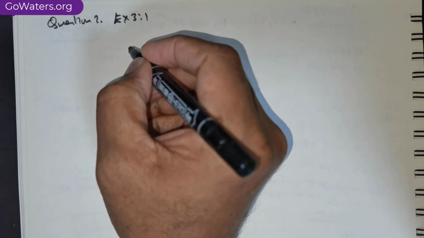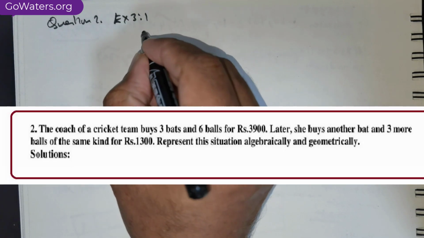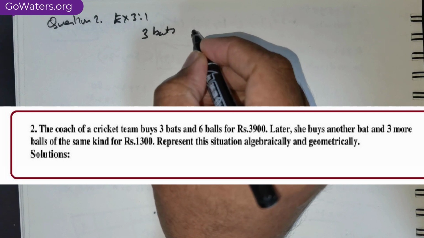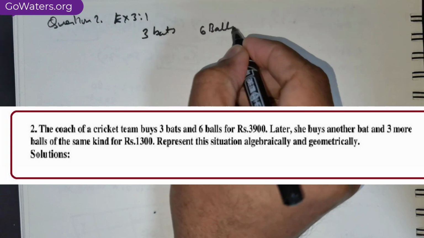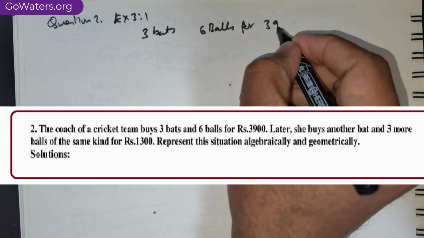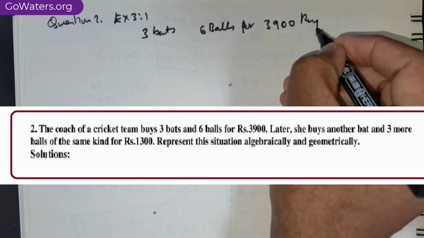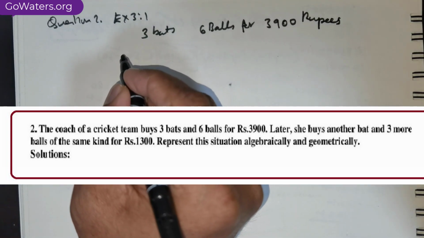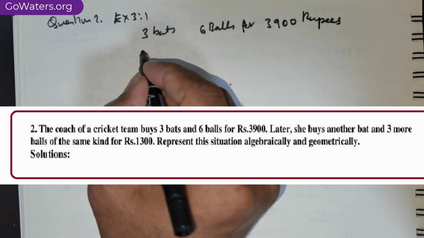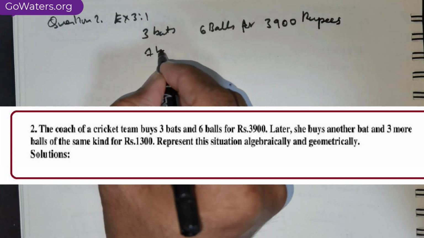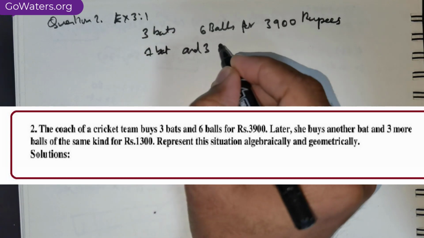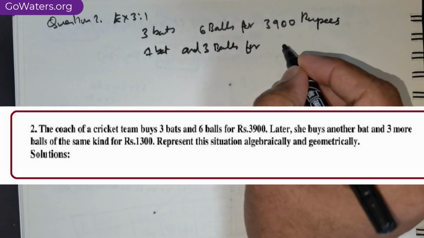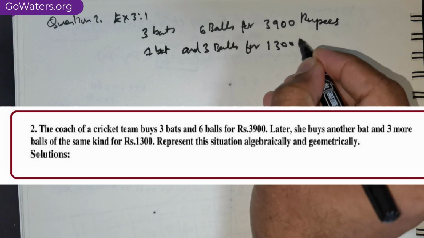The coach of a cricket team buys 3 bats and 6 balls for 3,900 rupees, and later on he buys another bat, that's 1 bat, and 3 more balls of the same kind for 1,300 rupees.